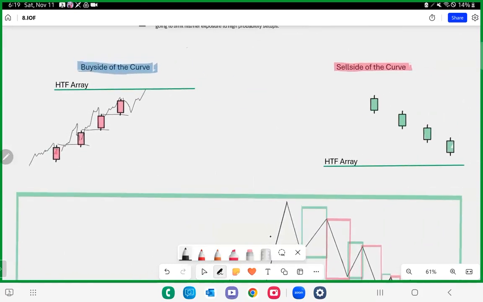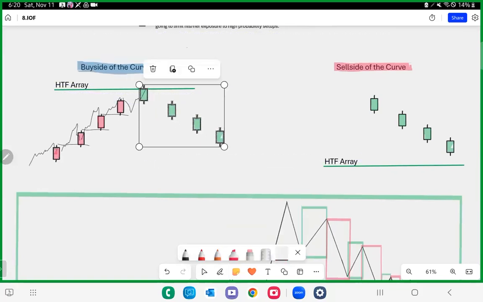Once it meets that higher time frame array, we take this and duplicate it. What's going to happen is that it will transition into up close candles supporting the direction of price.